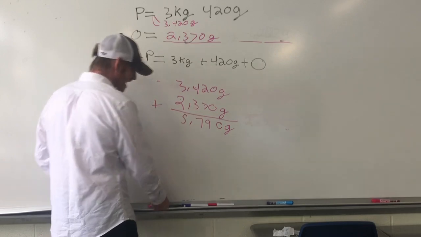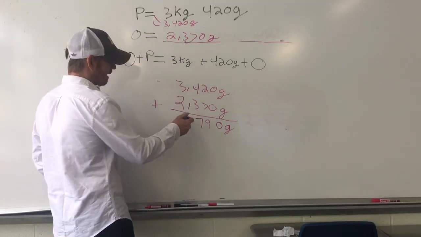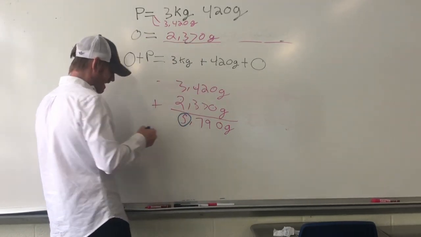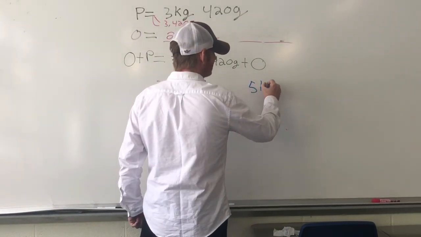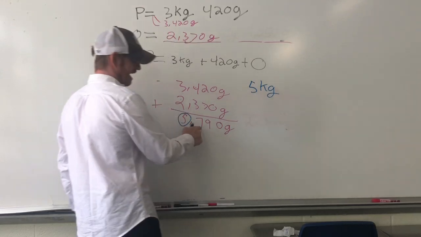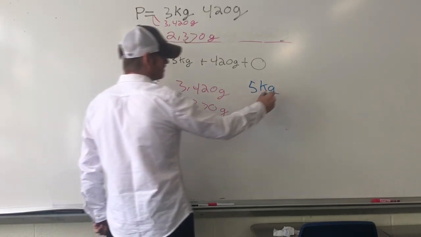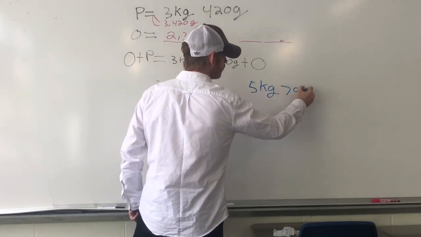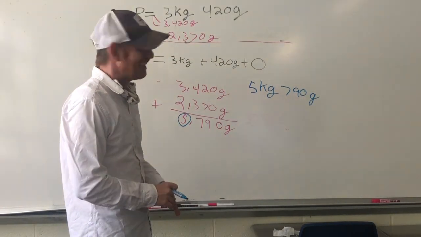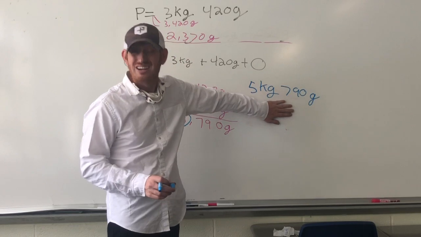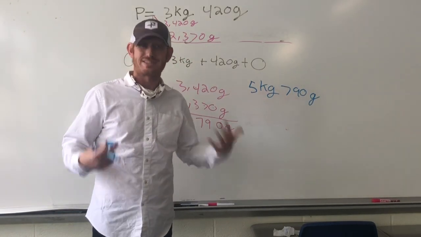We have 5,000 grams. So that means we're going to have 5 kilograms and 790 grams. Either answer is okay. I tend to like this answer more because it's a little bit neater and it's more simplified.